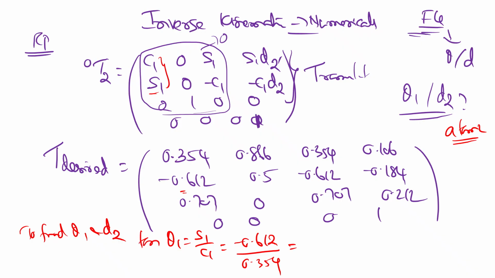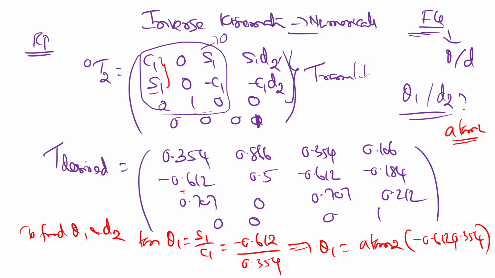So theta 1 equals arc tan 2 of minus 0.612 comma 0.354. Or you can do it this way also, canceling terms, or take the other terms. So here we have three methods.